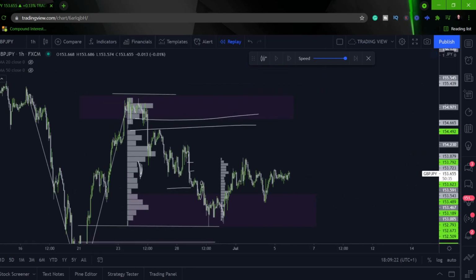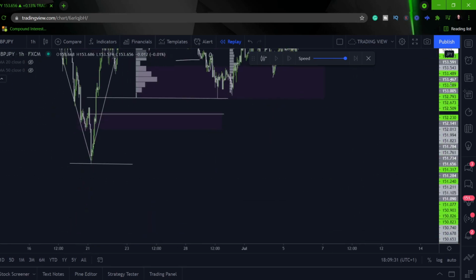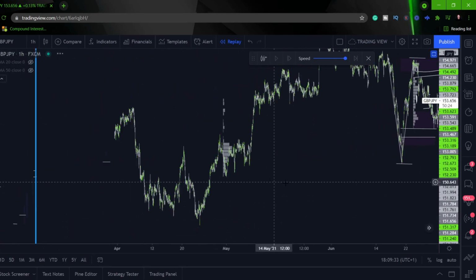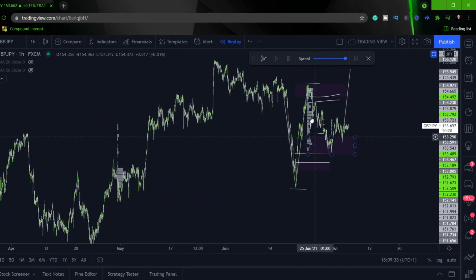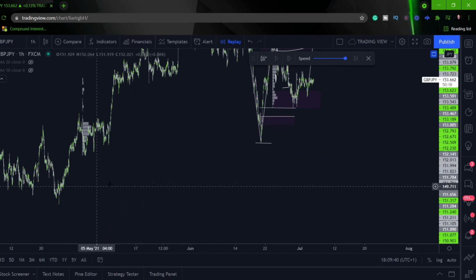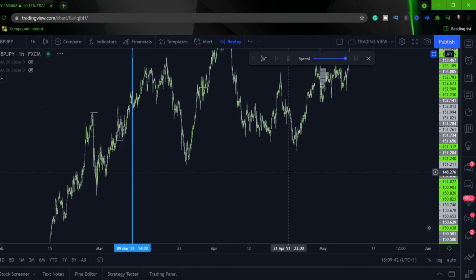So from this, I'd expect personally to see higher prices, taking out this buy side liquidity and then potentially seeing a drop off. However, we have broken this structural low, or this protective low.